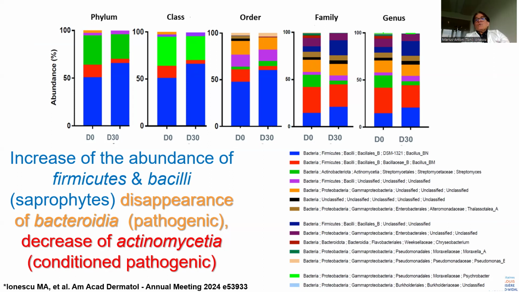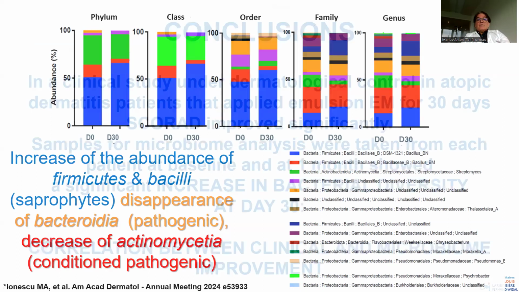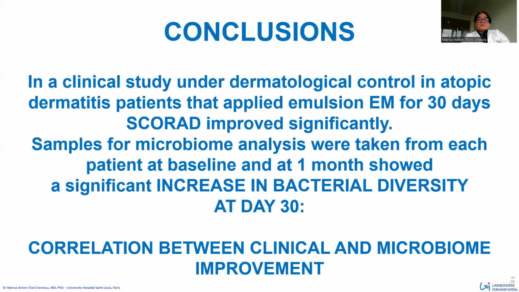You can see all of these details, and they are available in a poster that I also presented at the American Academy, even in an oral presentation. So the conclusions are that in this study, the clinical score, SCORAD, improved, the quality of life improved, and the bacterial diversity increased.